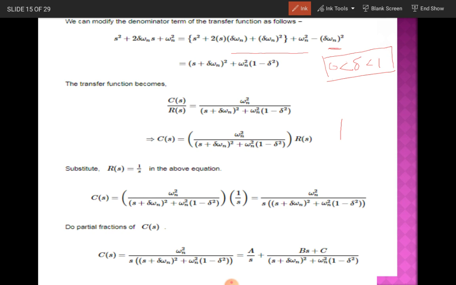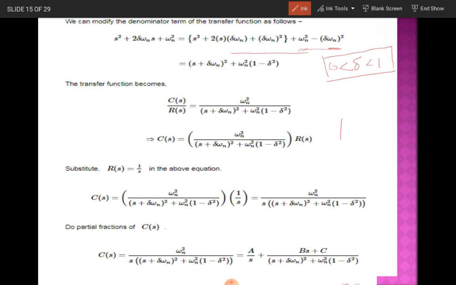Then rearranging this expression, you will get s square plus 2 delta omega n s plus omega n square can be written as (s plus delta omega n) whole square plus omega n square into (1 minus delta square).